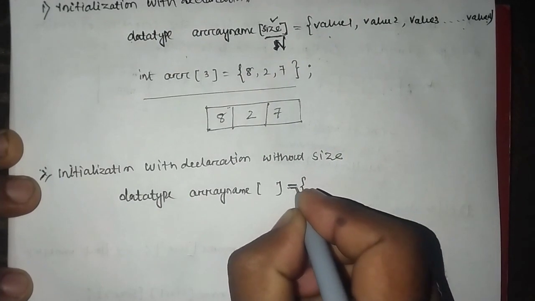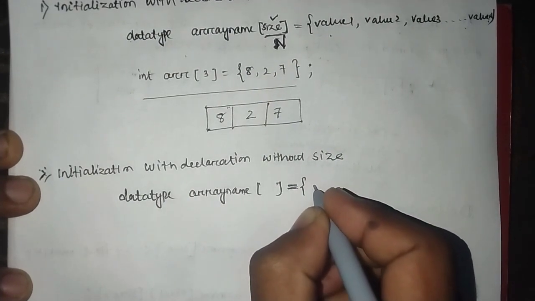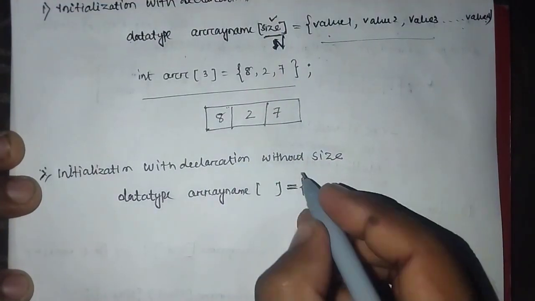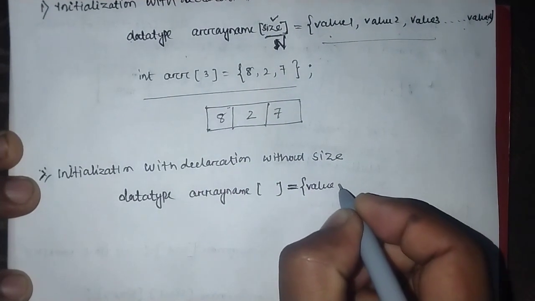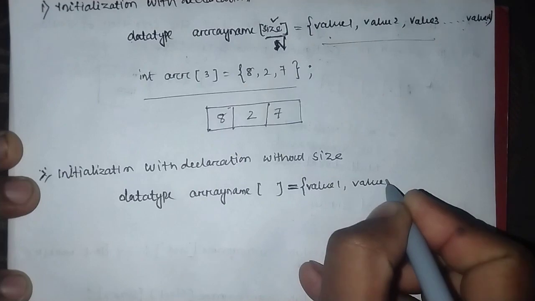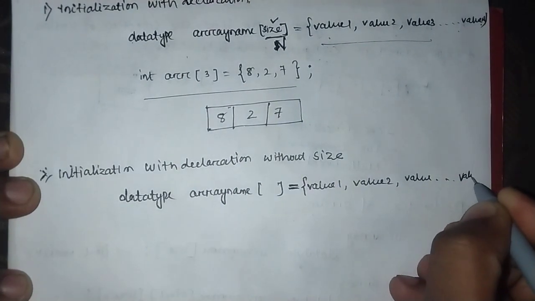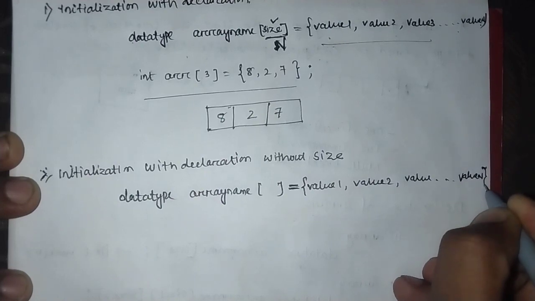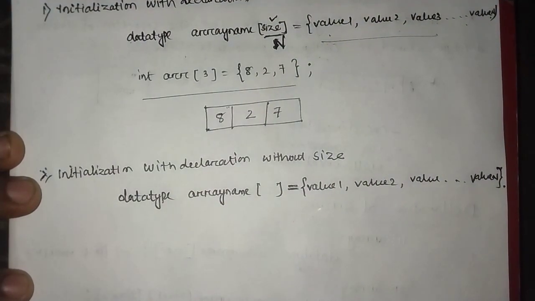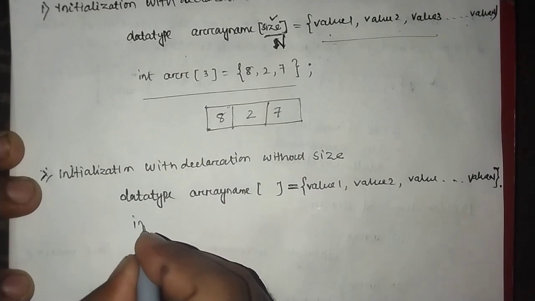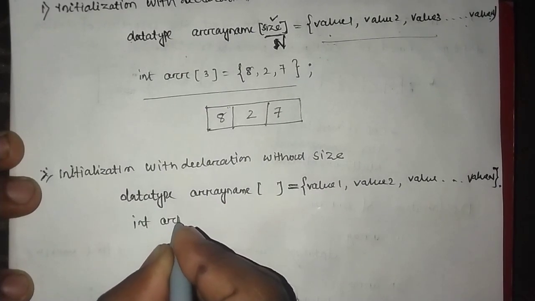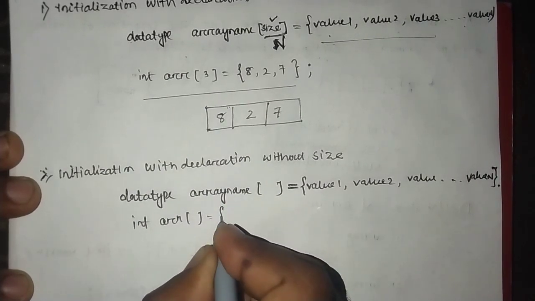After that there is an equal sign, then in the curly brackets write value 1, value 2, and you can give as many values as you want. For example, int arr, here it is limitless.